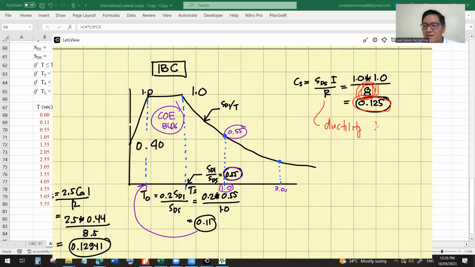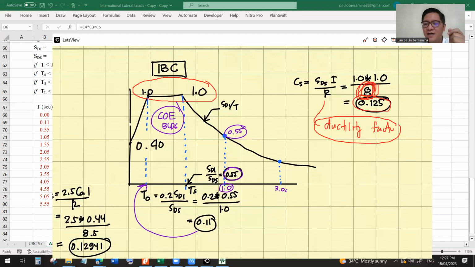Okay? You can imagine na lalaki yung poste mo, lalaki yung section ng building mo if you did not reduce the spectral acceleration. Di ba? Yung coefficient of base shear. That's why dito nga papasok yung ductility factor by introducing this R value.